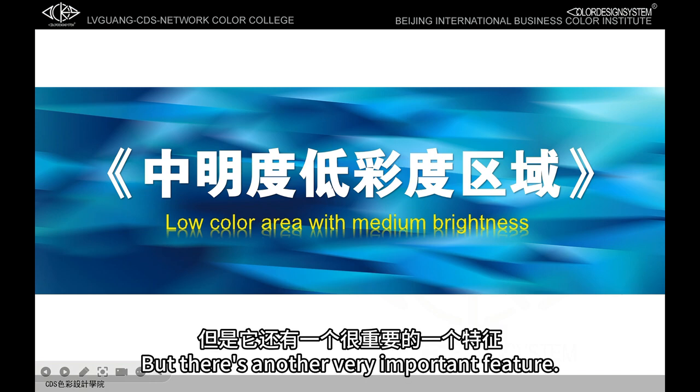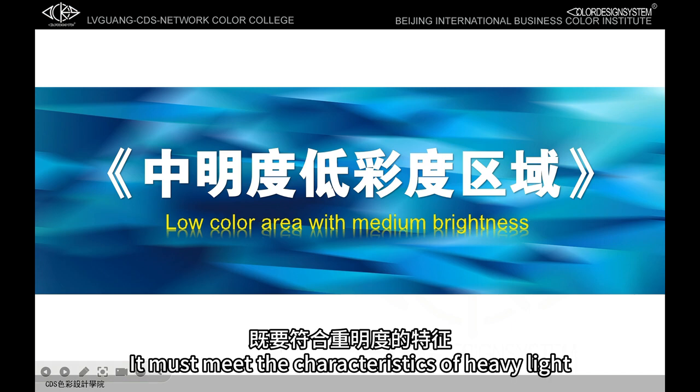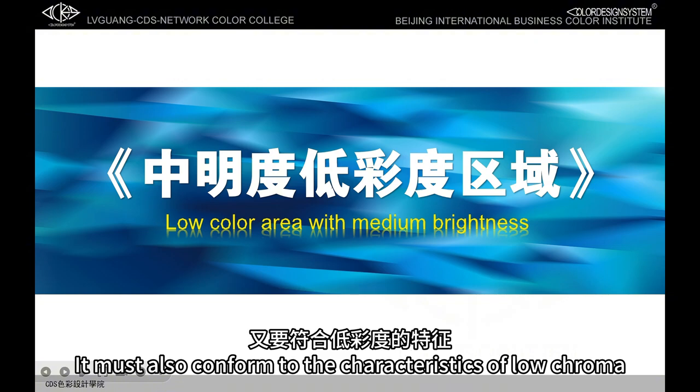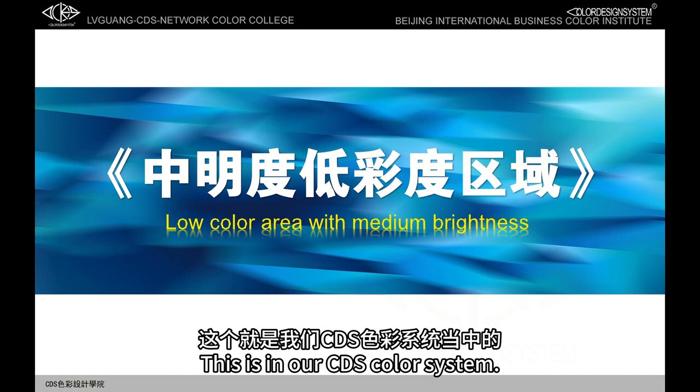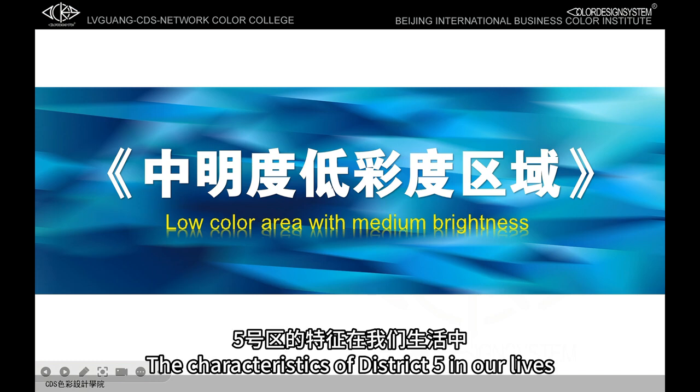But there's another very important feature: it's low chroma. It must meet the characteristics of medium brightness, and it must also conform to the characteristics of low chroma. This is the characteristic of District 5 in our CDS color system.